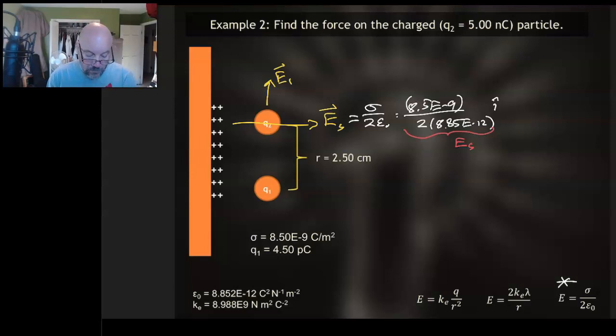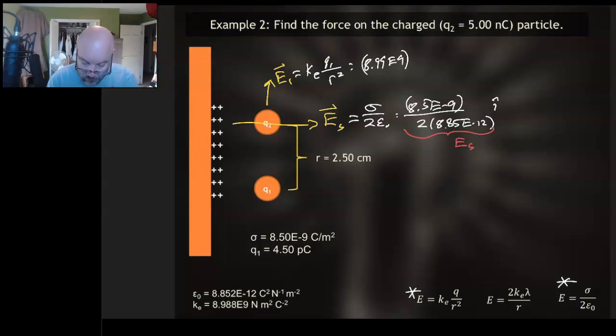Now E1, that's from a point charge, so I'm going to use this expression down here. We're going to have KE Q1 over R squared, and then we'd plug in our numbers. It's 8.99 times 10 to the 9th.